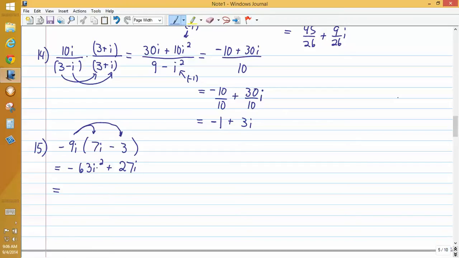Now where you have an i squared, plug in a negative 1. That's going to make that a positive 63. So that's positive 63 plus 27i.